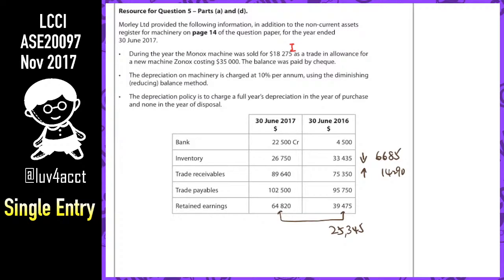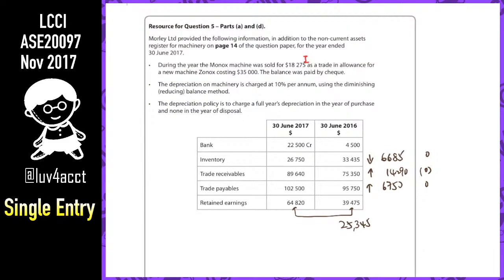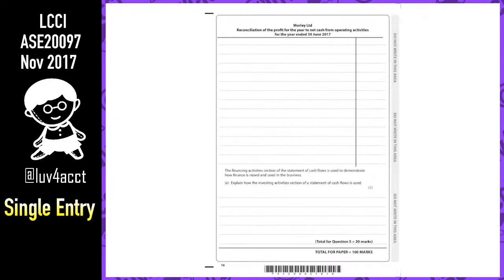Trade payables 102500. Increase of 6750. So 25345.